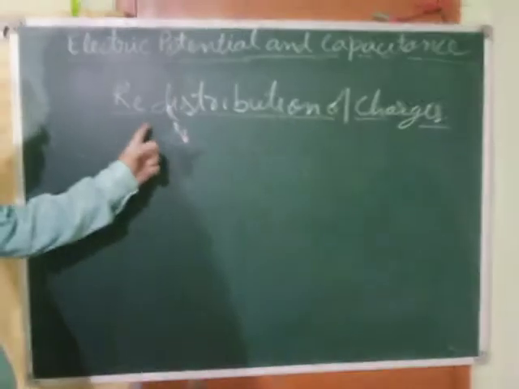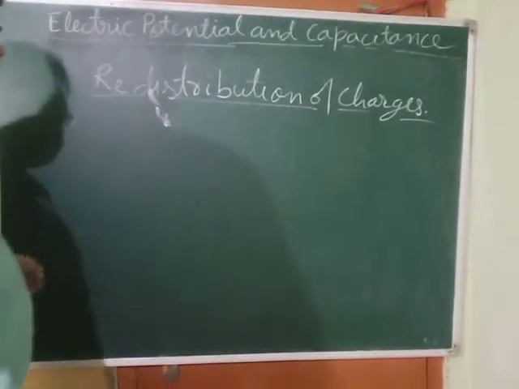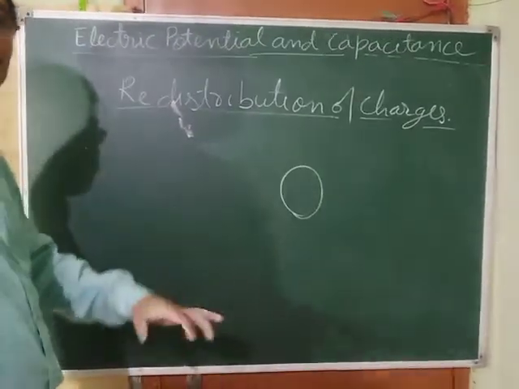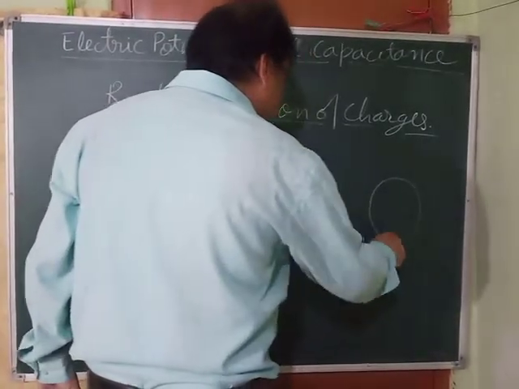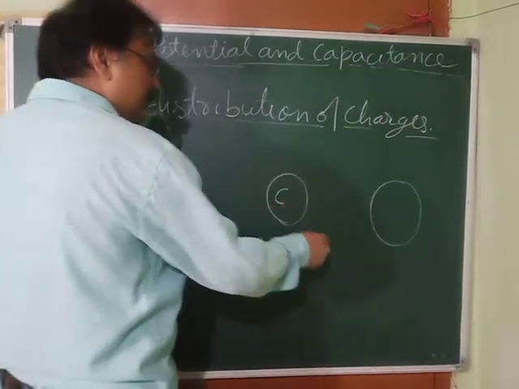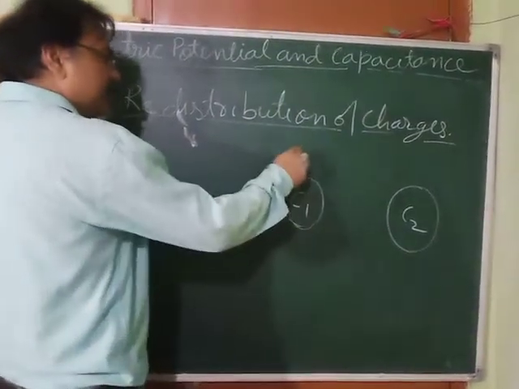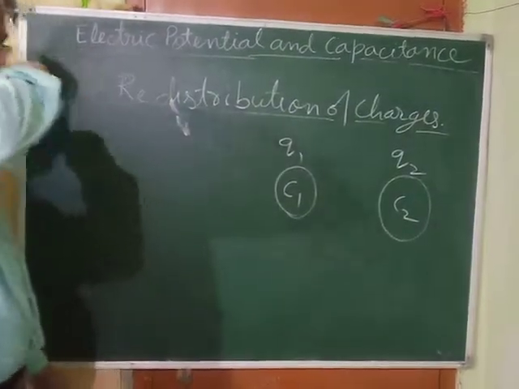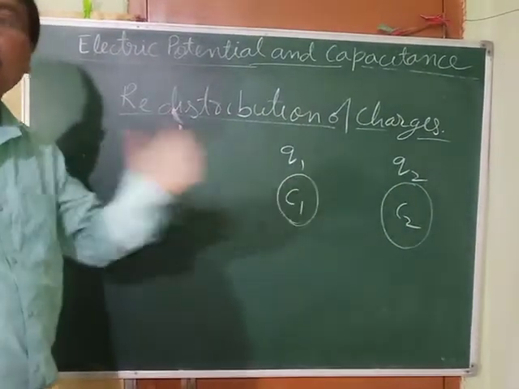Our next topic is redistribution of charges. Suppose you've got two conductors, maybe two spheres or two capacitors. Capacitance of this is C1 and this is C2, and suppose this has charge Q1 and this has charge Q2. What about the potential of this?